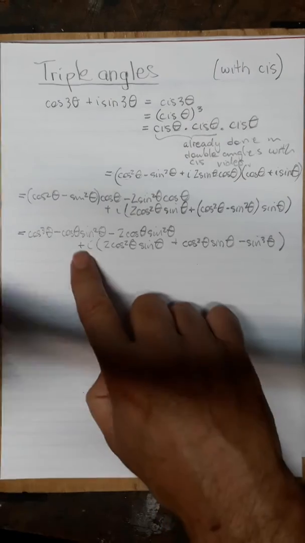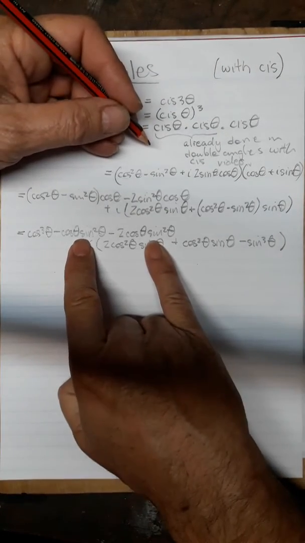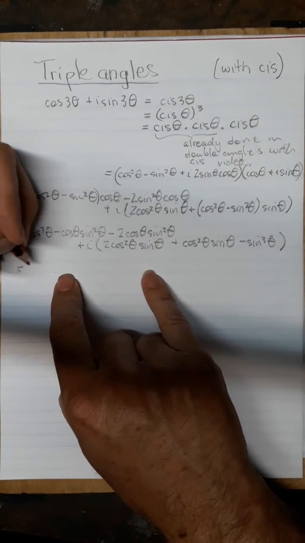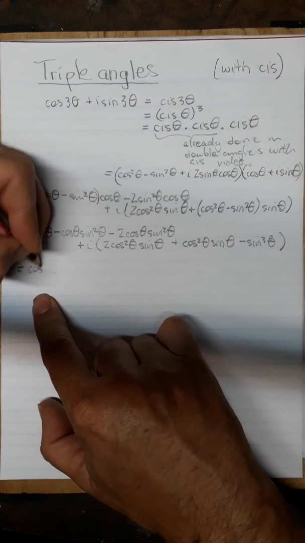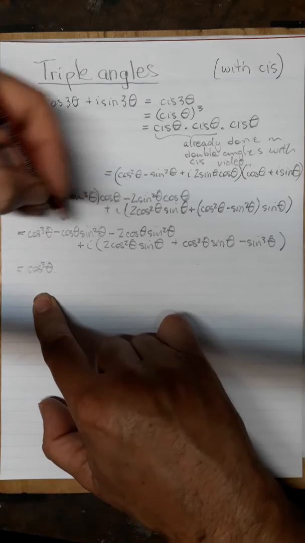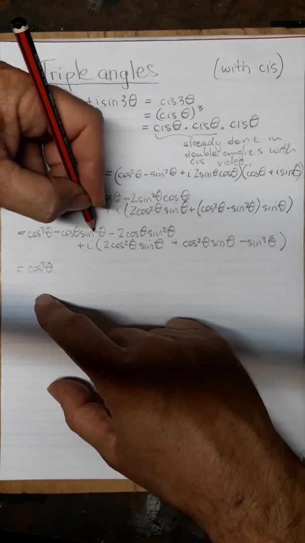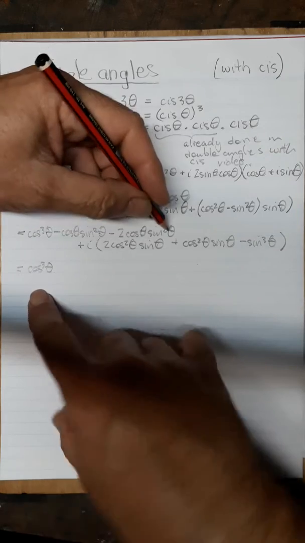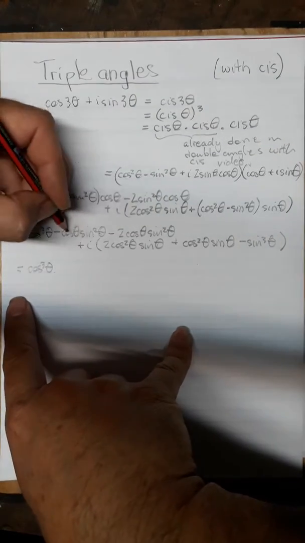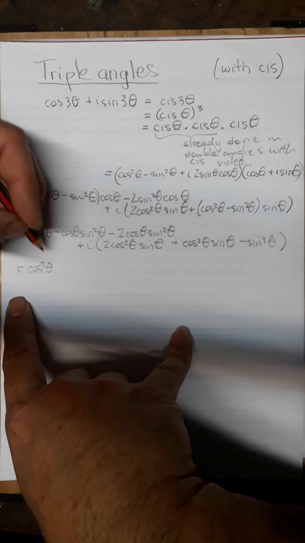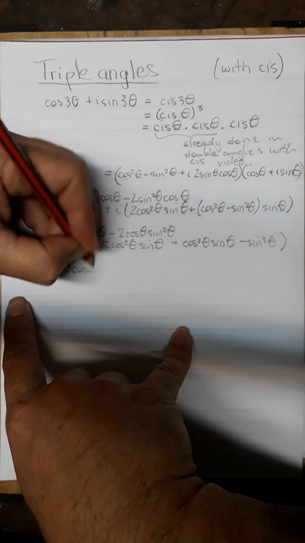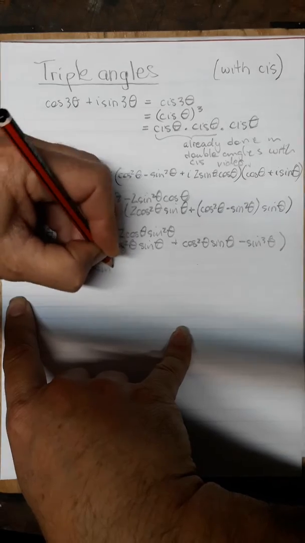Now have a look at these two terms. We can rewrite this a little more simply as cos cubed theta, then minus cos theta sine squared, minus 2 lots of cos theta sine squared, which gives us minus 3 cos theta sine squared theta.